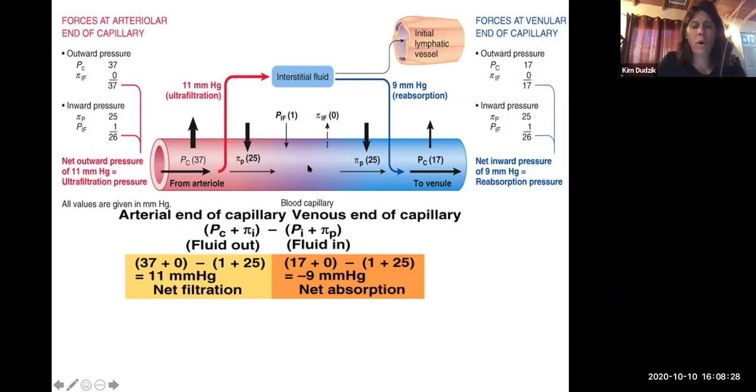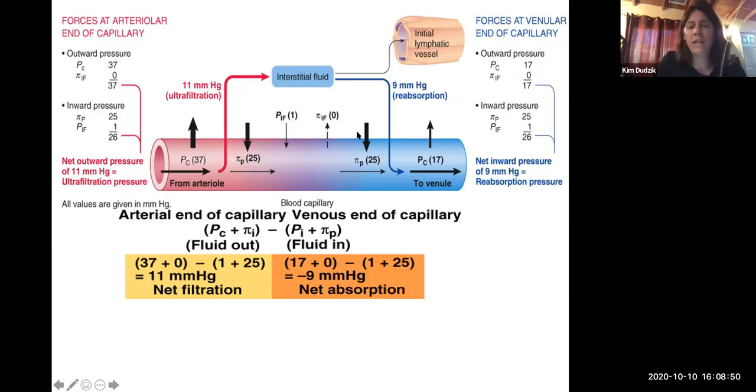But it's the colloid osmotic pressure that wants to pull things in. That's 25. So on our arterial end, the hydrostatic pressure is a larger influence than the colloid osmotic pressure. So therefore we get filtration.